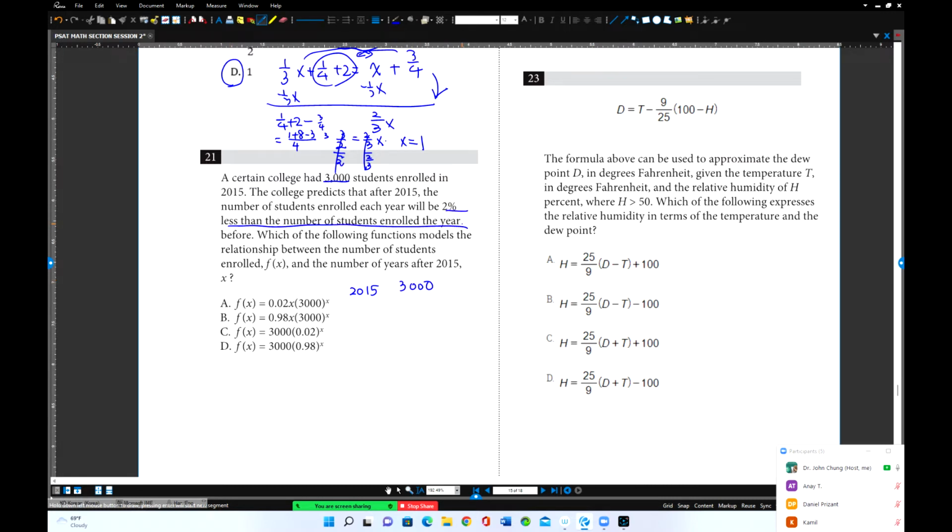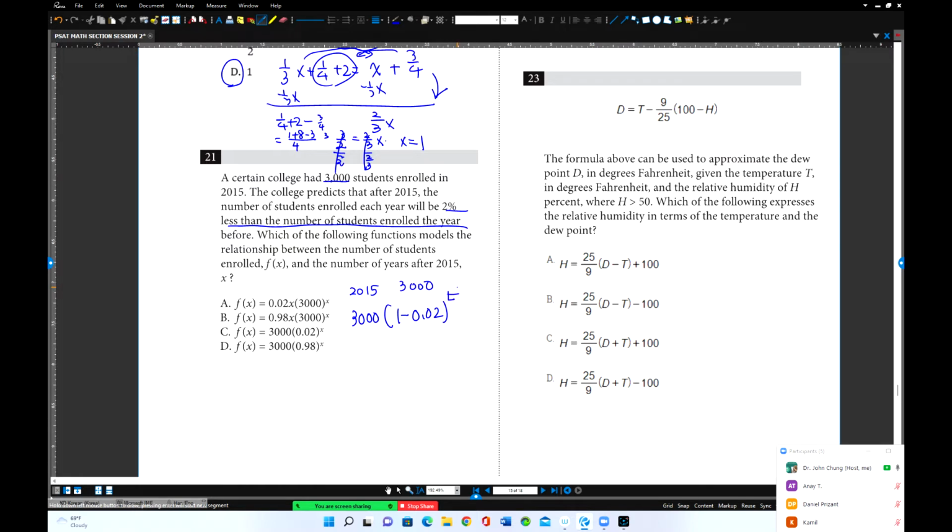The decreased by 2%. That's the rate. Decreased, from here, decrease 2 points. That is always what? Geometric, right? Which is exponential function. Exponential decay every year.